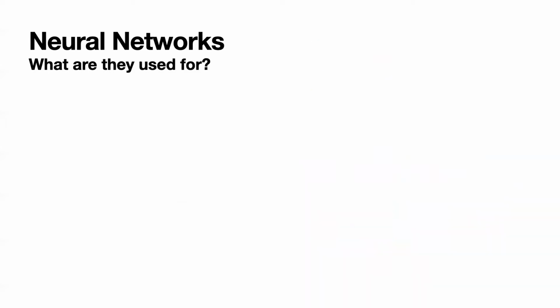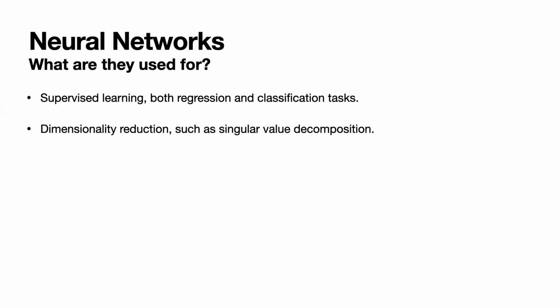Okay, but before we do that, what are they used for? Well, in supervised learning, these things can work with both regression and classification tasks, right? And we should assume as much because single neurons can work in classification and regression tasks. But these have a little bit more power to them. You can even perform dimensionality reduction, such as the singular value decomposition, using these network structures.